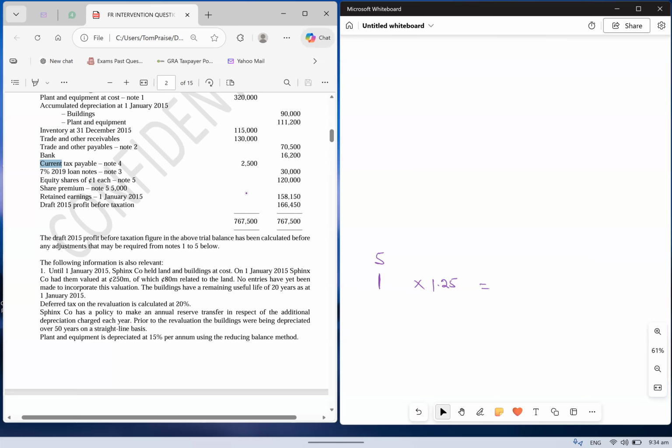We know that the total of the shares becomes 120, because that's what we see. And that is after they had recorded the right issue. So this is what we can do then. We know that the share value at December is 120,000.